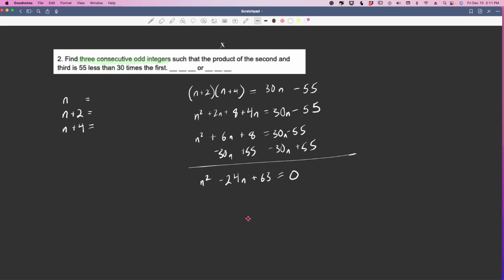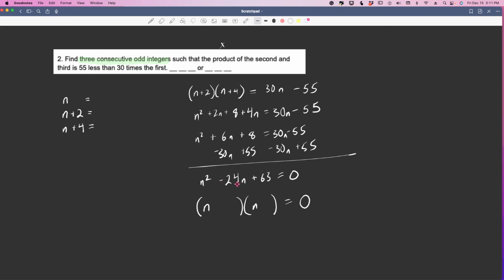All right, so I am looking at 63 here. And what can I multiply to get 63? Positive 63, that gives me a negative 24. Well, that's going to be n times n is equal to 0. 3 times 21 gives me 63.